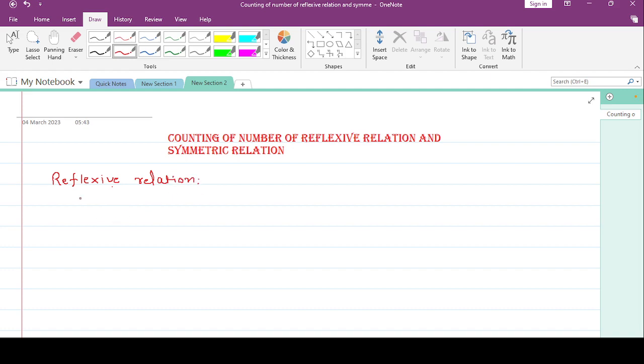Suppose we have the set {1, 2, 3}, and we define a relation on this set like (1,1), (2,2), (3,3), (1,2), and (3,1), suppose.